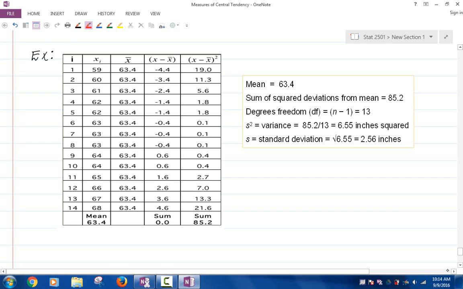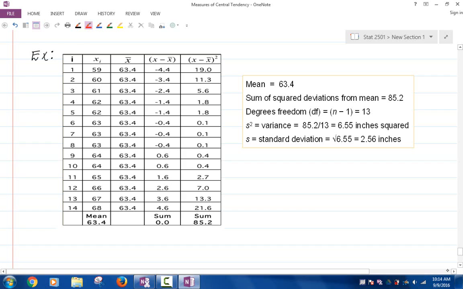Sum of the squared deviations from the mean is 85.2. So what's the sample variance? The sample variance would be the sum of the squared deviations divided by the degrees of freedom, 13, which would be 6.55 inches squared. The observations that I have here are heights of certain women in inches.